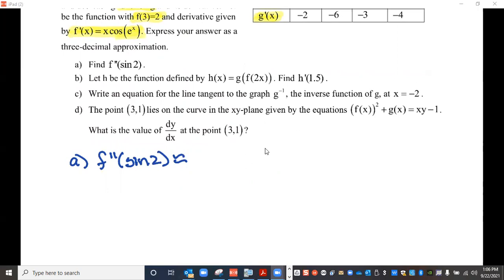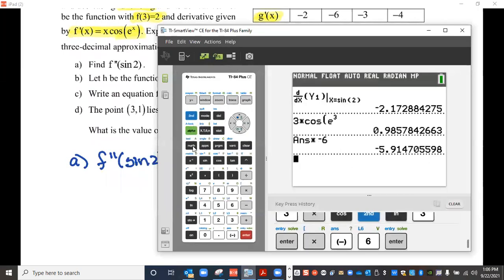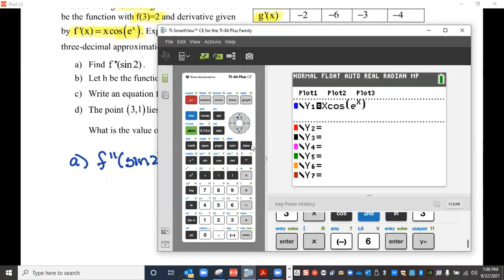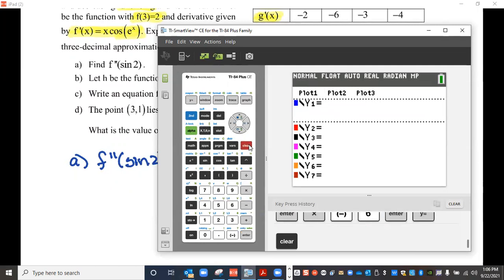Remember how we can find the value of the derivative using your calculator. Again, go to your y equals. It's asking me to find the second derivative, so I can plug in the first derivative under y1, which is given to me as x times the cosine of e to the x. And again, remember, e is under that second ln.